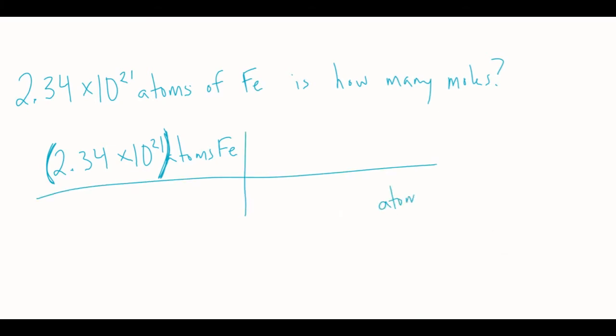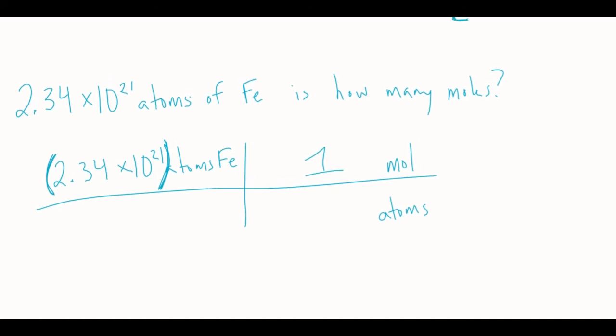It'll really help you. If you get an answer that's like to the 44th power, that means you did not use parentheses. So 1 on top, because that's where the mole is. And then also in parentheses on your calculator, 6.022 times 10 to the 23rd. If you do not use parentheses, you will not get the correct answer. Do 2.34 times 10 to the 21st in parentheses, and then divide by 6.022 times 10 to the 23rd, also in parentheses.